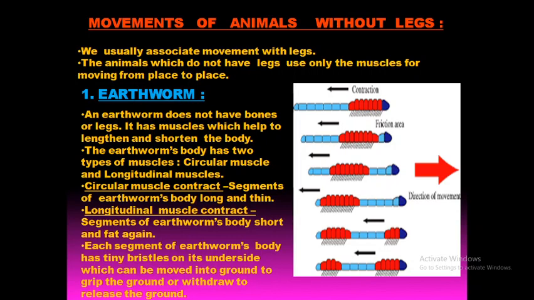Each segment of the earthworm's body contains very tiny bristles, which means small hair-like structures, present on the underside of the body. These bristles can be moved into the ground to grip the ground so that it can hold the ground very tightly, and these bristles are withdrawn to release the ground.